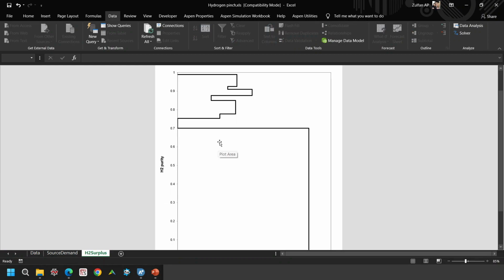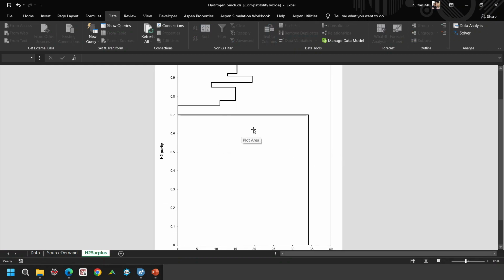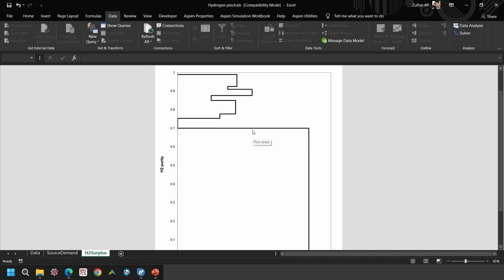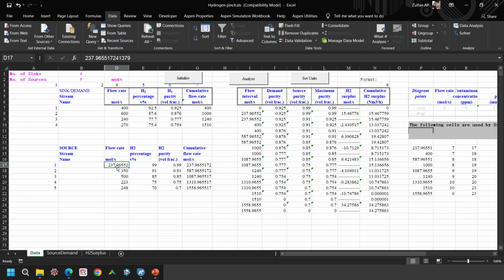And then the second question is, because you are now here, right, this 70% is the lowest concentration that you have. So here you can say, okay, now I can also put in the PSA to get some of these streams and put them there in such a way that you can reduce even further this hydrogen plant, so to say.